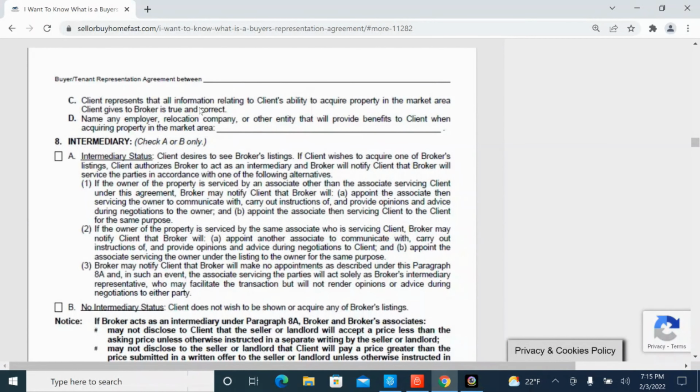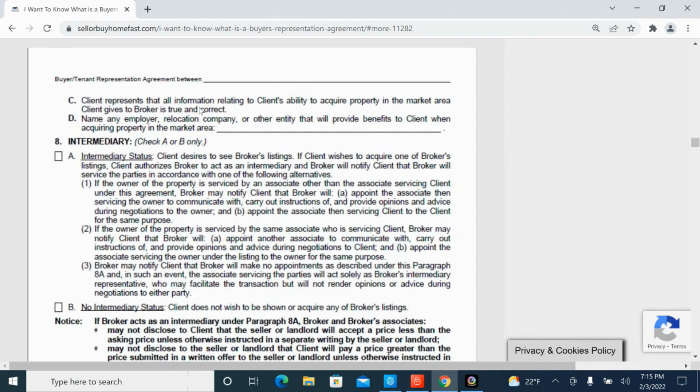One of the things to pay attention to is intermediary status. When we talk about intermediary status, basically what we're saying is, for example, if I had a listing located in Richardson, and you didn't have a realtor just yet, but you decided to go with a realtor who is with the same brokerage as I am.